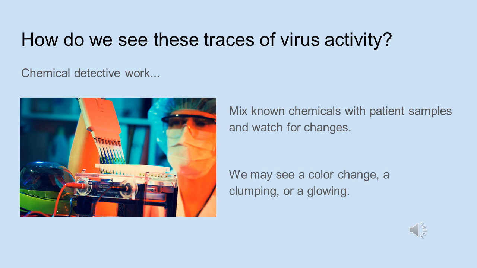We may see a color change or a clumping of material in the sample. The known materials may be chemically modified or tagged to assist this visualization, or a special light may be used which causes the positive samples to fluoresce. The latter process is often referred to as immunofluorescence.